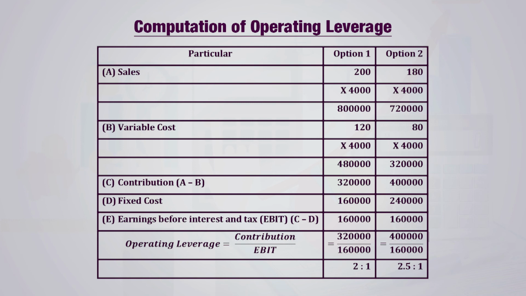In option 1 it is 3,20,000 divided by 1,60,000, which gives us the ratio of 2:1, while in option 2 it is 4 lakh divided by 1,60,000, which gives us a ratio of 2.5:1. Here operating leverage of option 1 is 2:1 and of option 2 is 2.5:1. The operating leverage of option 2 is higher than option 1. So option 2 is riskier than option 1.